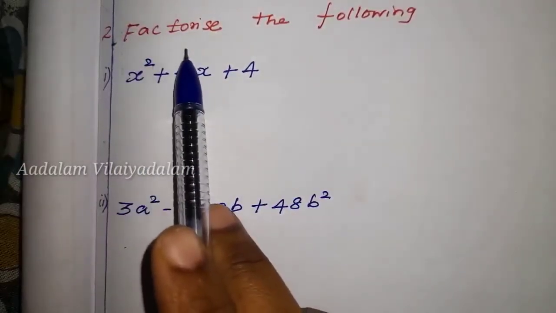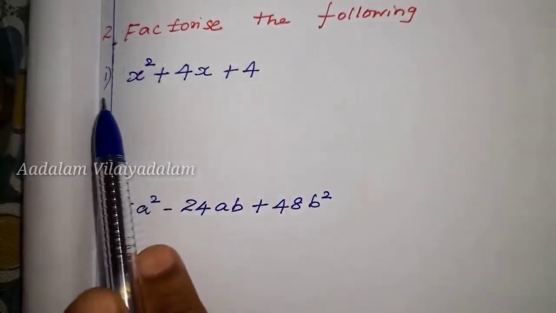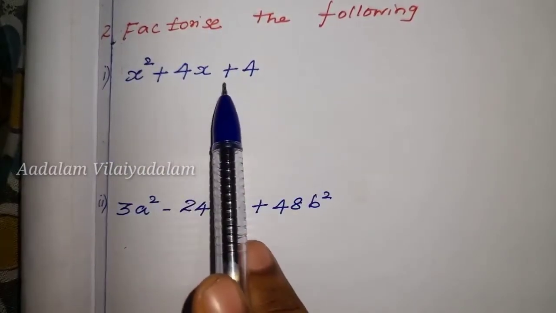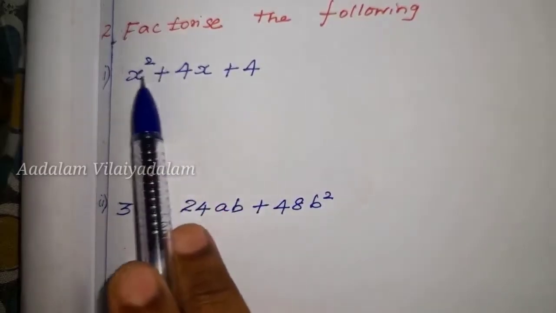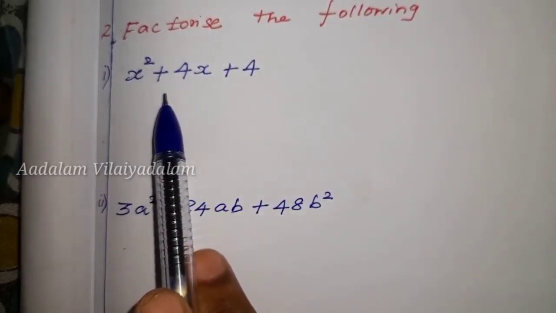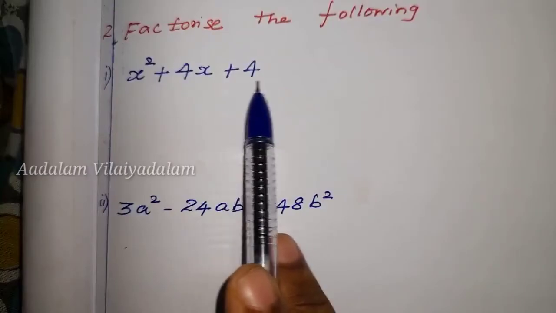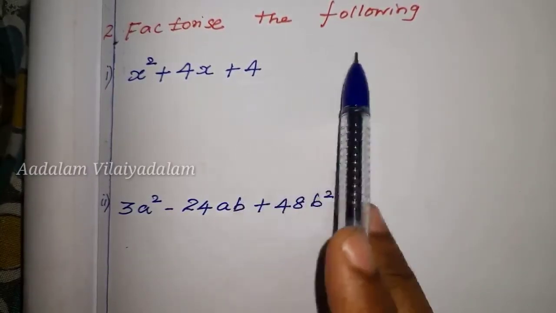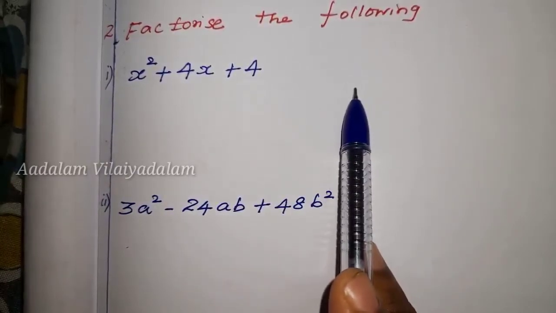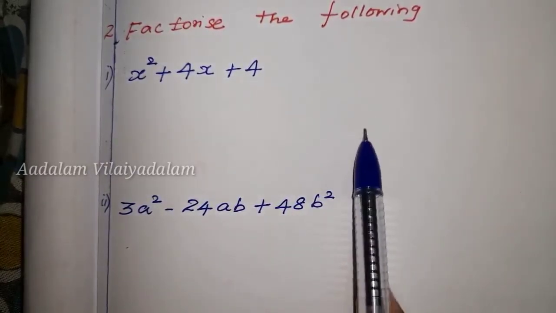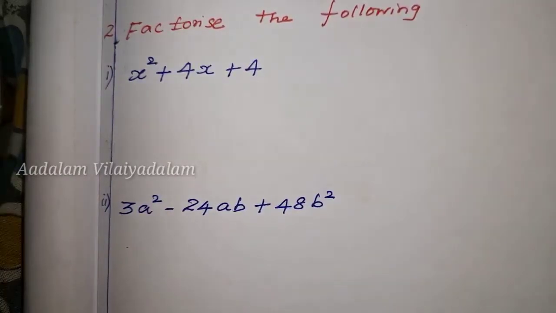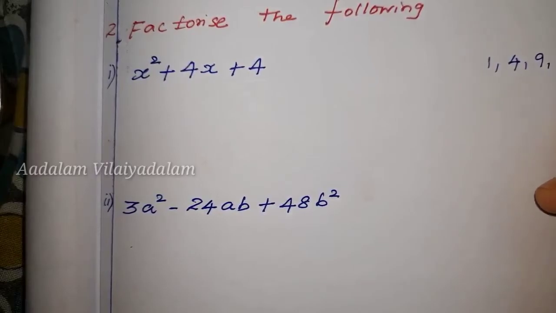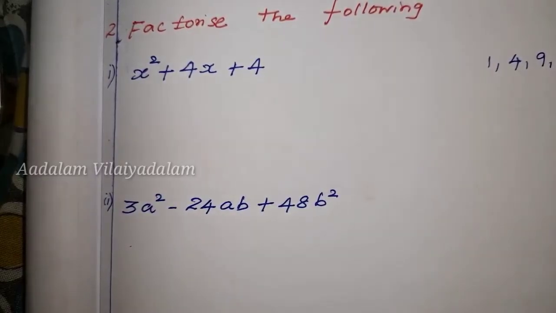Second question, factorize the following. The first one: x square plus 4x plus 4. Here the degree is 2, so this is a quadratic equation. The last term in terms of square numbers: 1, 2 2s are 4, 3 3s are 9, 4 4s are 16. So these numbers 1, 4, 9, 16, 25 are square numbers.